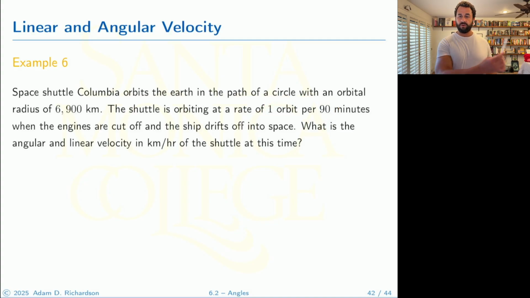That means it goes all the way around the Earth once every 90 minutes. And then suddenly the engines are cut off and the ship drifts off into space. My question to you is, what is the angular velocity and what is the linear velocity in kilometers per hour of the space shuttle at this time?